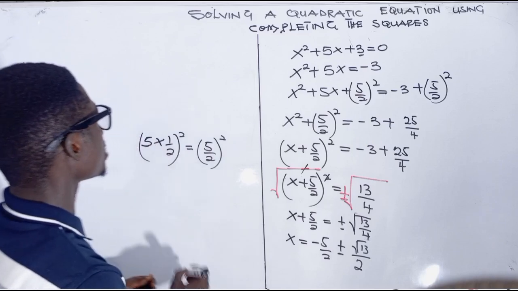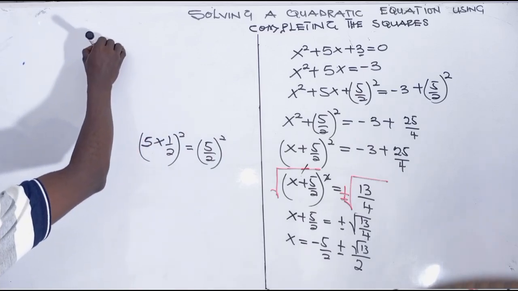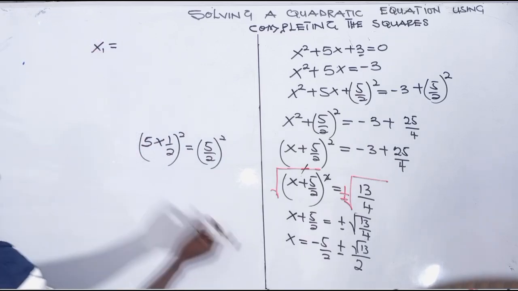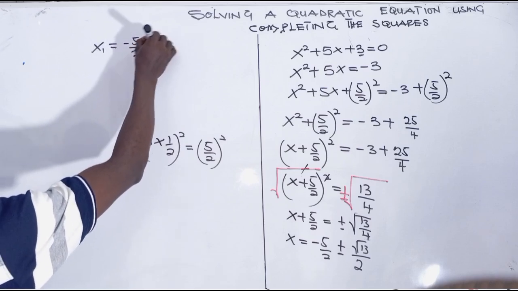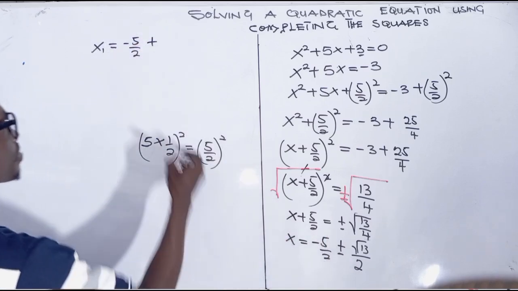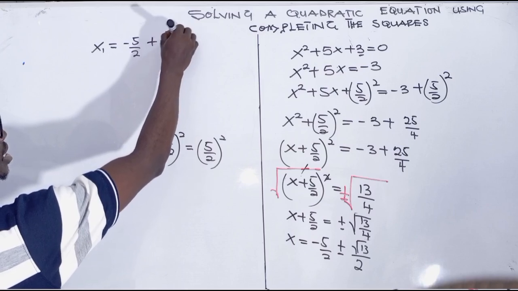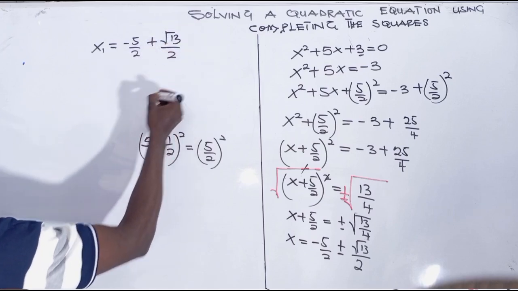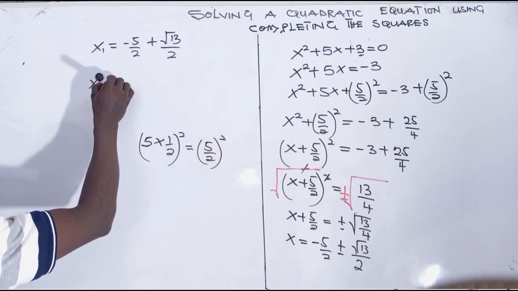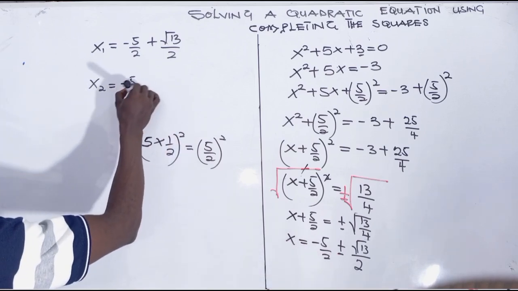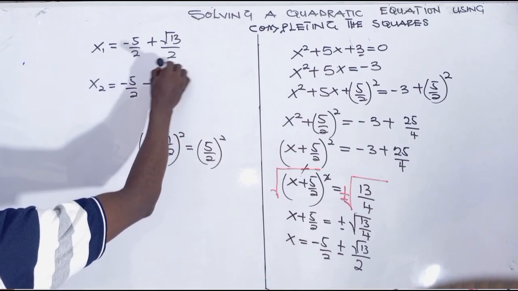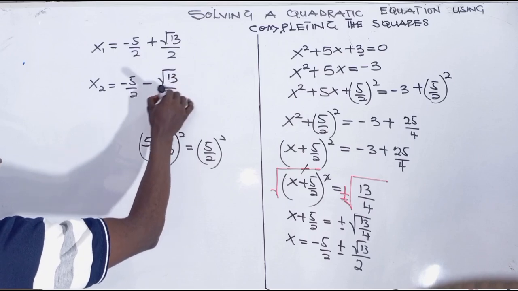So from here, we can see that our x, let's call this one x1, is equal to minus 5 over 2 plus, we are using the positive one first, 13 all over 2. And then our x2 is equal to, using the minus, minus 5 all over 2 minus 13 all over 2.